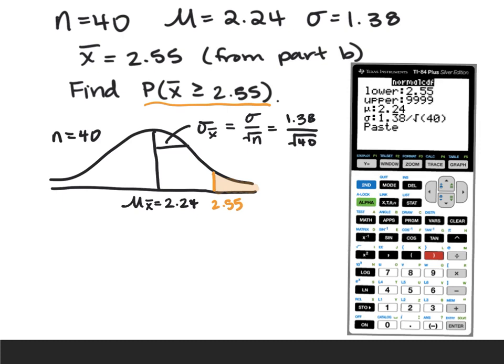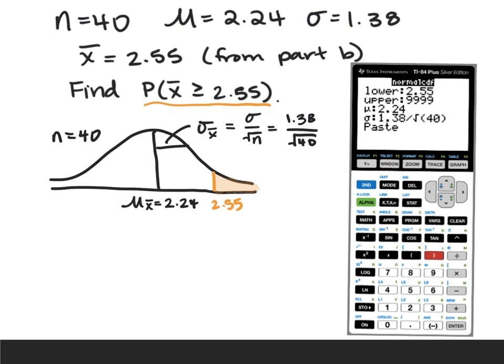If I were going the other direction, I would use negative 9999 and then whatever value. So if I was shading the other way, I would use a really big negative value for the lower. That sounds weird to say, but really big absolute value with a negative in front of it.